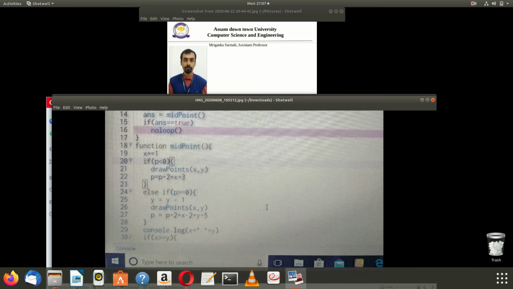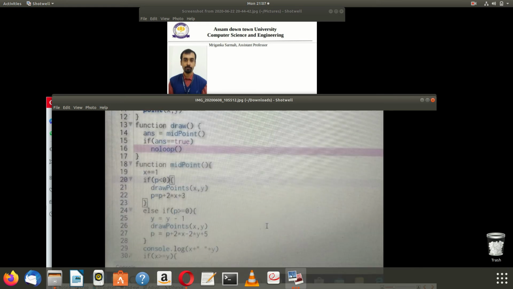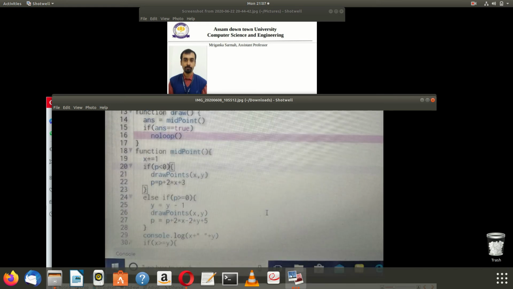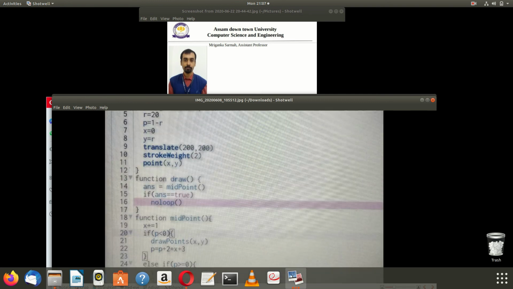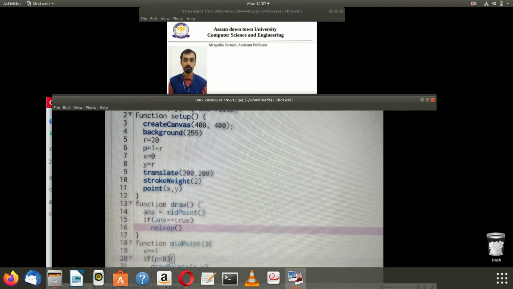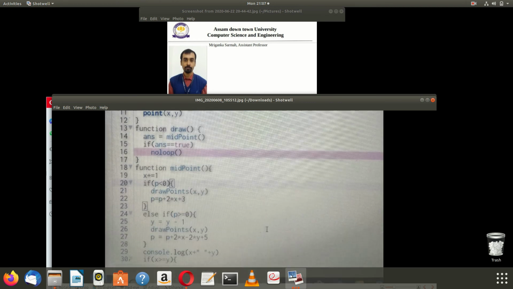From the midpoint circle algorithm, we have two decision parameters of p. The initial value of p is 1 minus r. Then we take the decision whether 1 minus r, and r we remember is 20, so 1 minus r gives us minus 19. So what is this? It is less than 0.